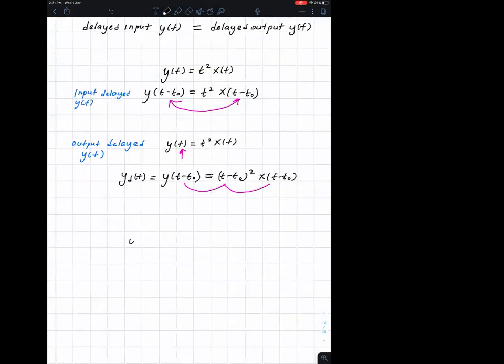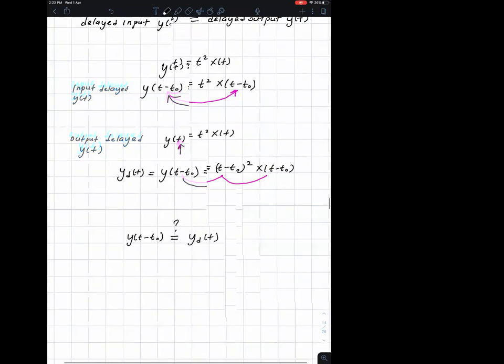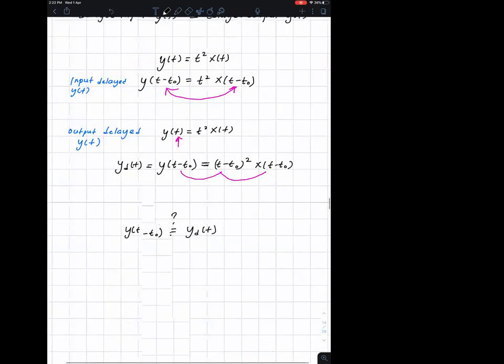This is the input delayed. Is the input delayed output equal to the output delayed output? What was the input delayed output?